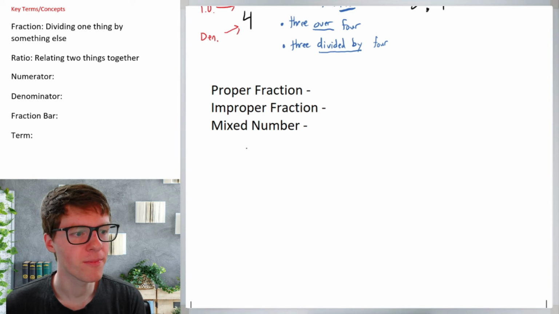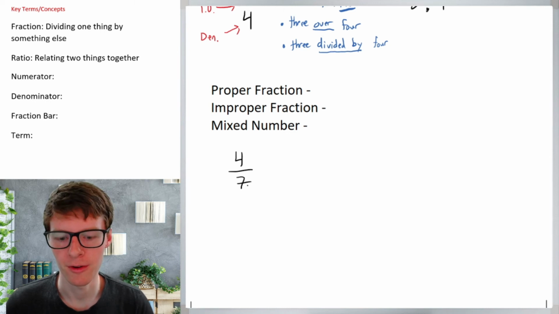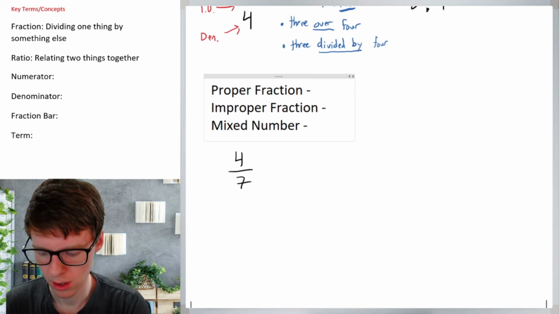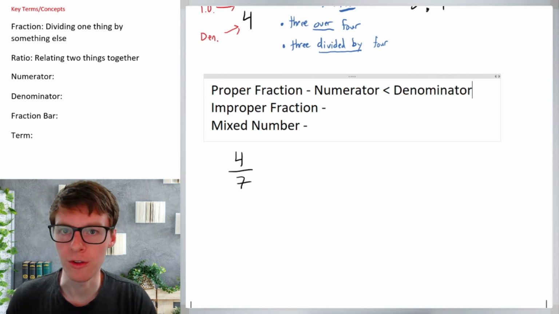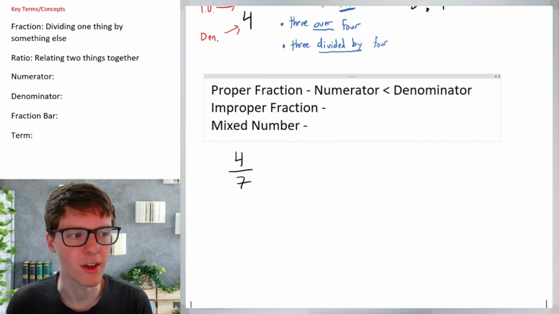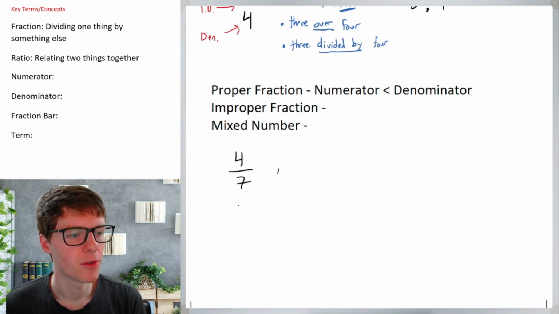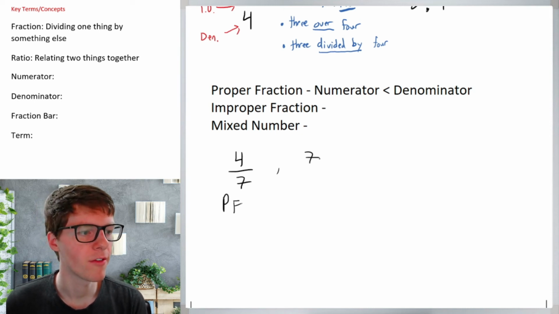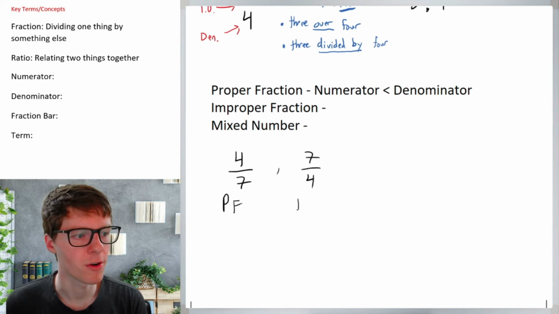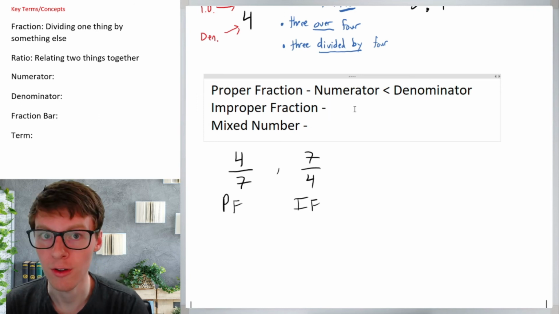So a proper fraction is going to be when your numerator is smaller than your denominator. So numerator less than denominator. So this 4/7 here, or 4 divided by 7, is going to be a proper fraction because 4 is less than 7. By that same token, 7 divided by 4 is going to be an improper fraction because my numerator is greater than my denominator.